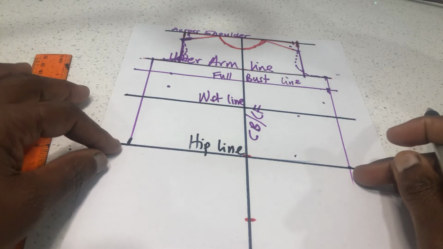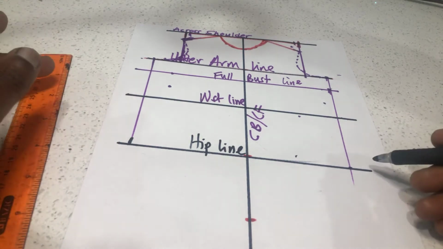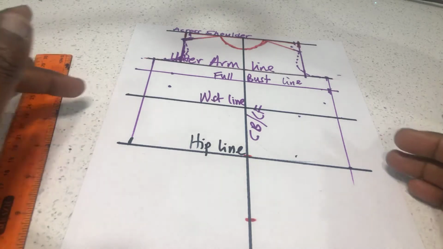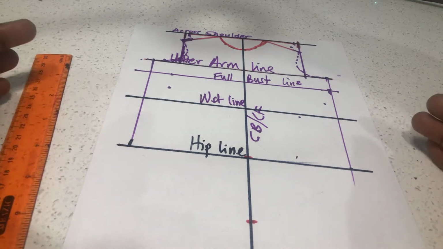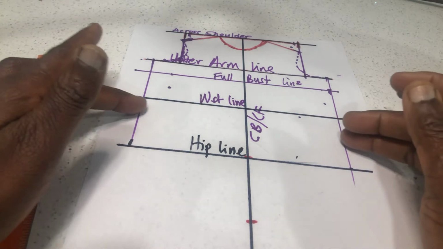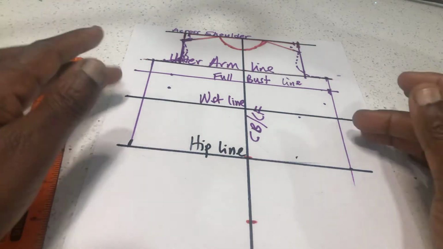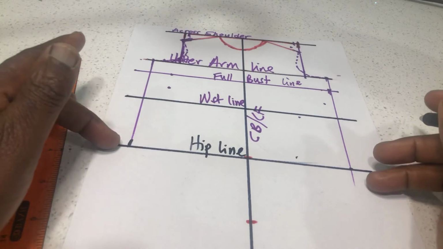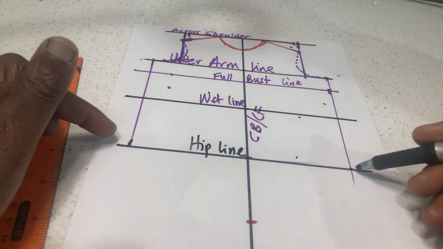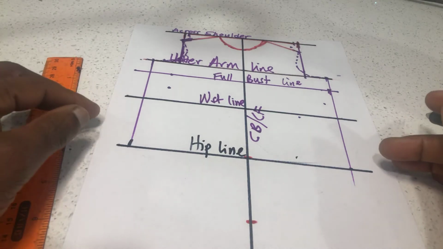Why? Because there are different lengths of blouses. Some people like their blouses to cover their hip. Others, depending on the style, want the blouse to sit just above or below the belly button. So depending on where you want to locate the end of the blouse, you need to know the hip line and its position as well.